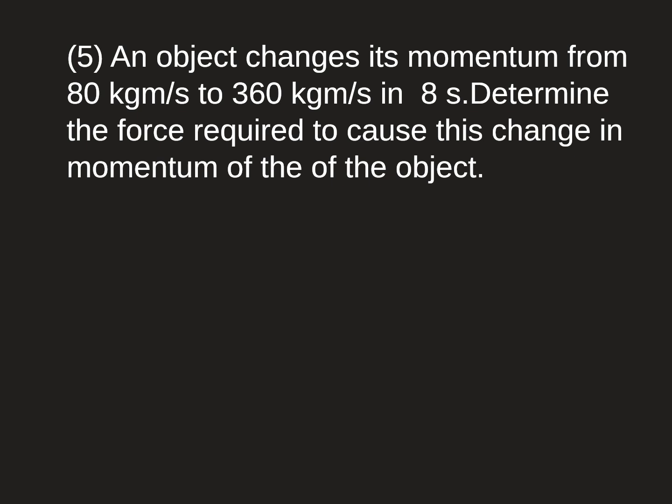Moving to question 5, it says an object changes its momentum from 80 kilograms meters per second to 360 kilograms meters per second in 8 seconds. Determine the force required to cause this change in momentum. So we are asked to find the force required to cause this change in momentum of the object.